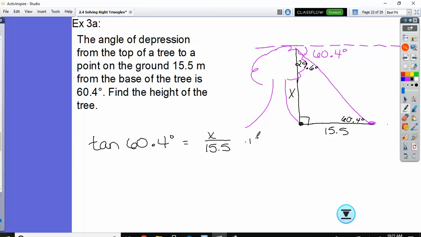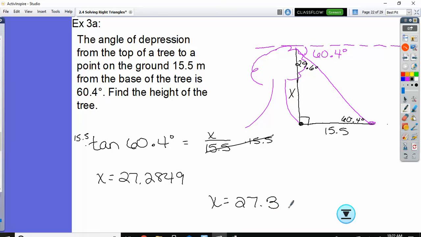If I want to solve for x, multiply over the 15.5. How many significant digits? 3. So I'm going to type in 15.5 times the tangent of 60.4. Comes out to be 27.2849. So 3 significant digits would be 27.3.